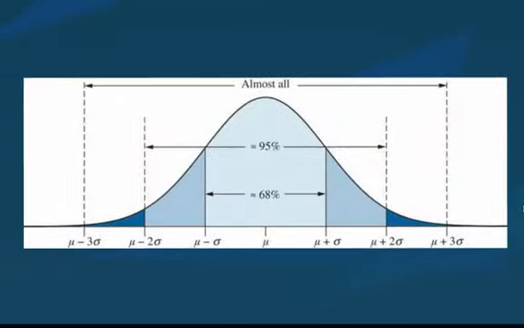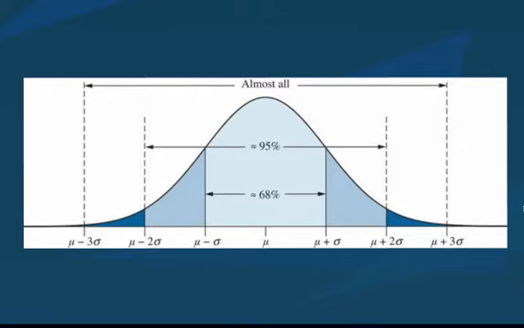We've also learned, based on the empirical rule, that instead of using the actual score, we can represent a normal distribution based on the number of standard deviations above or below the mean. Okay? So we know here, and we've learned this, that 68% of all our data is between 1 standard deviation below the mean and 1 standard deviation above the mean.